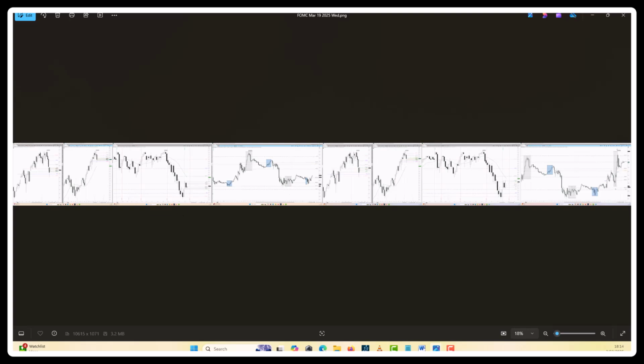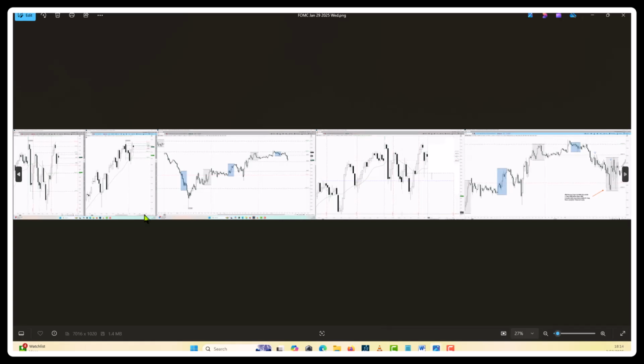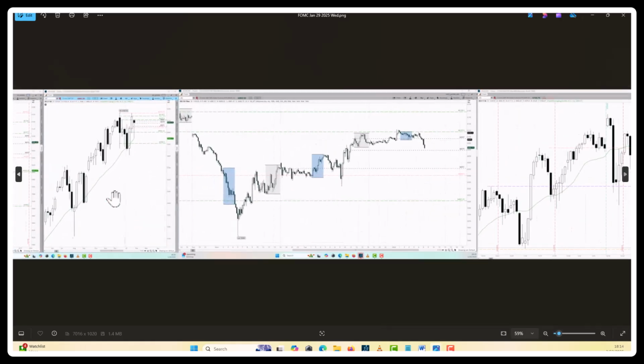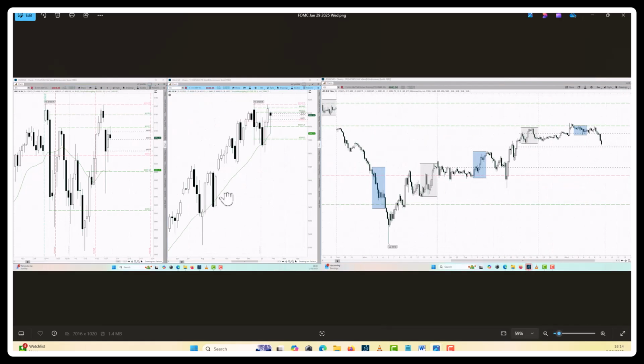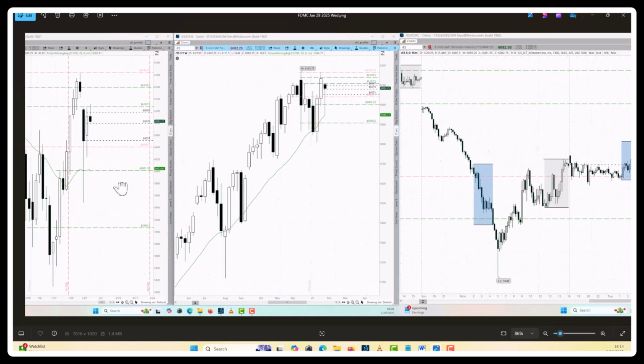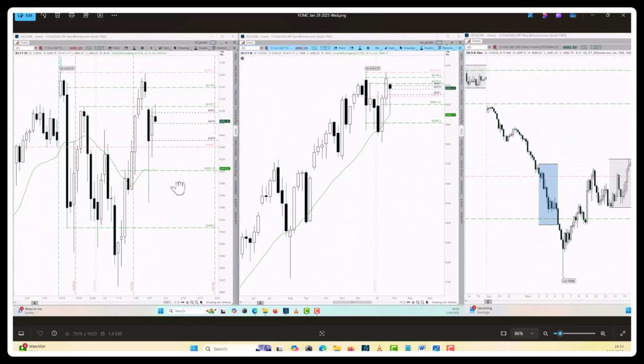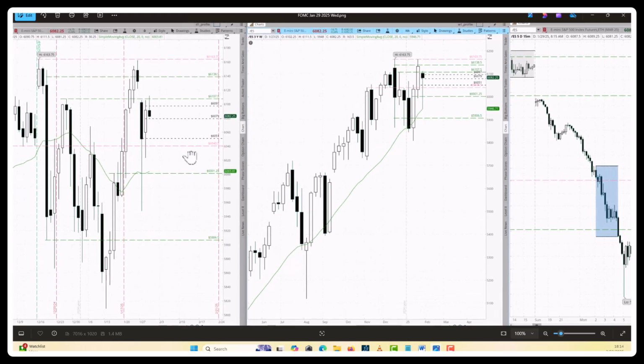Let's review again the FOMC on January 29. We don't have the FOMC in February. Look at the 29th. What do we see right here? Here's our daily time frame.